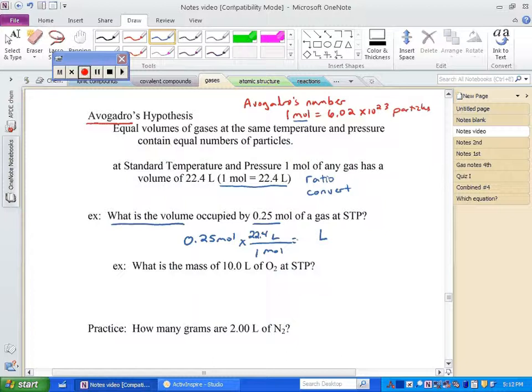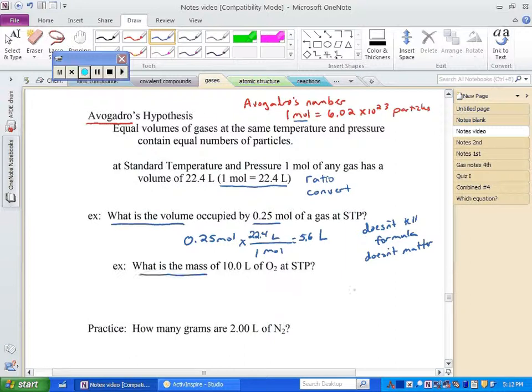And we get 5.6. And on this one, it doesn't tell the formula of the gas, because it doesn't matter.